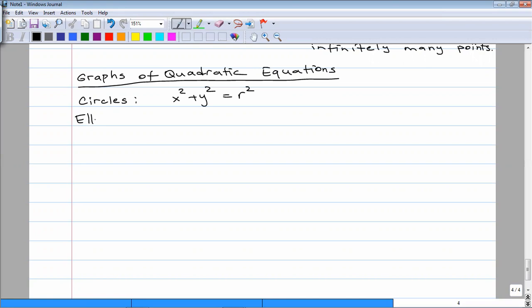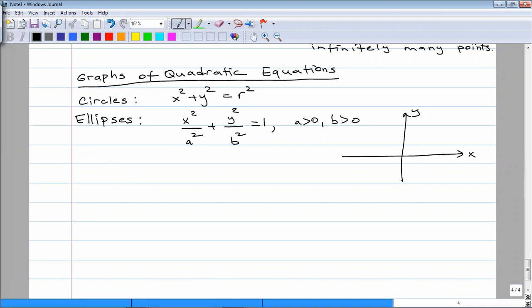Or you may have an ellipse, x squared over a squared plus y squared over b squared equals 1. A, b we take to be positive numbers. So if a is different from b, then it is not a circle, you get an ellipse.